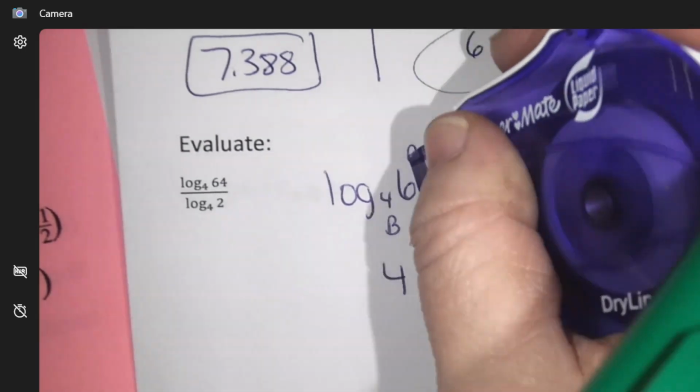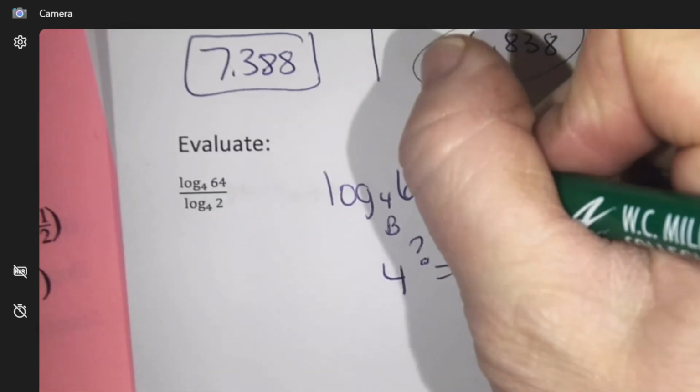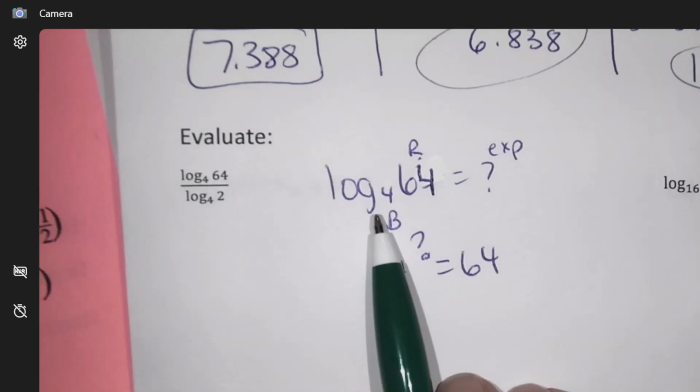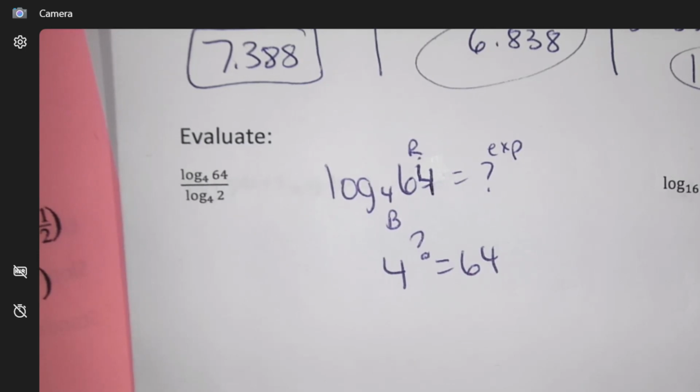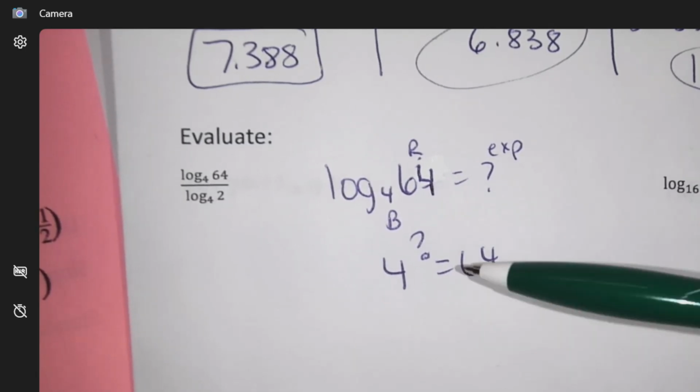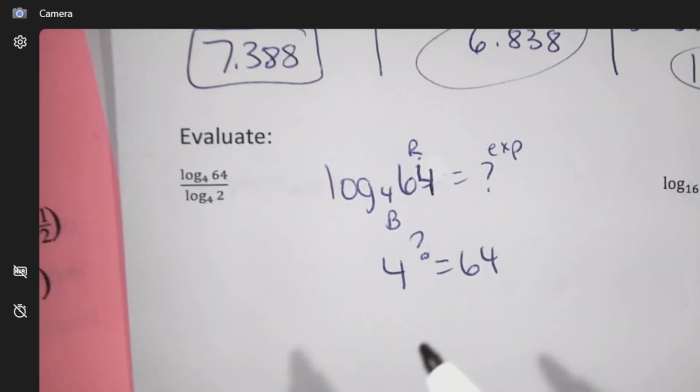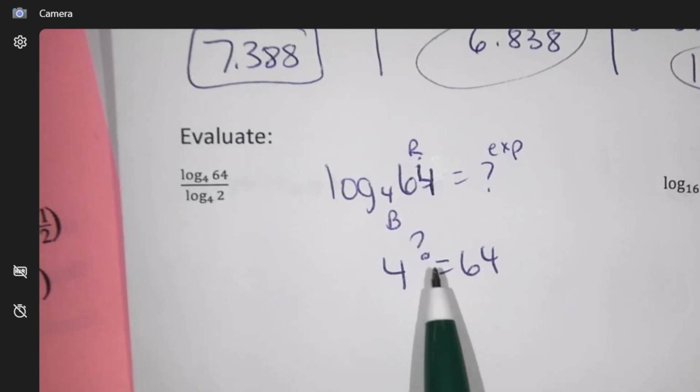The base was 4, the result was 64. I'm trying to figure out the exponent. So kind of I maneuver it like this to think 4 to the something is 64. And anybody want to guess what that'd be?